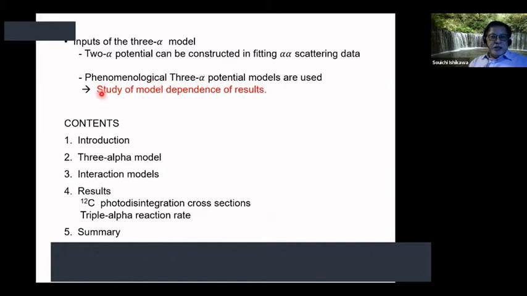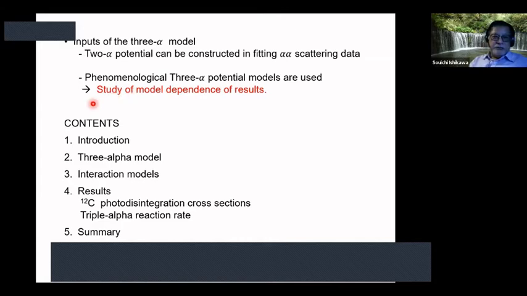I don't know how to construct this potential microscopically, so I assume the form of the 3 alpha potential phenomenologically.